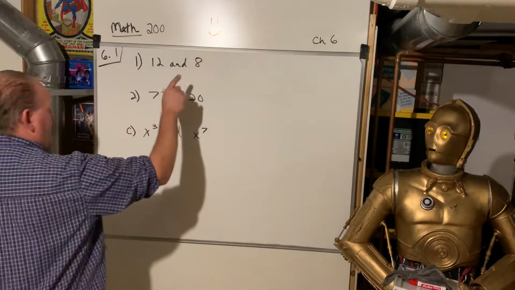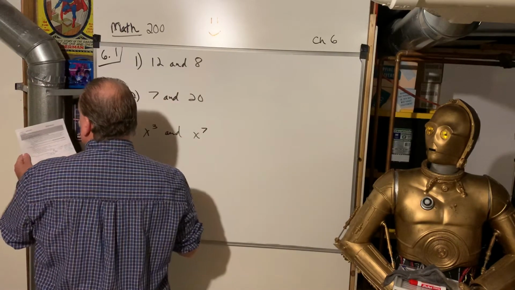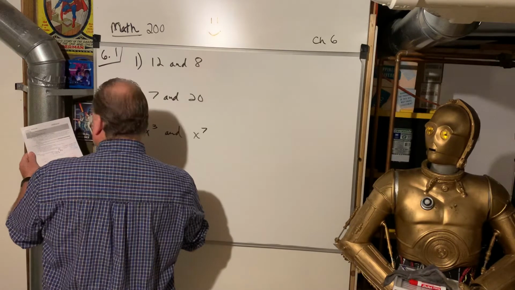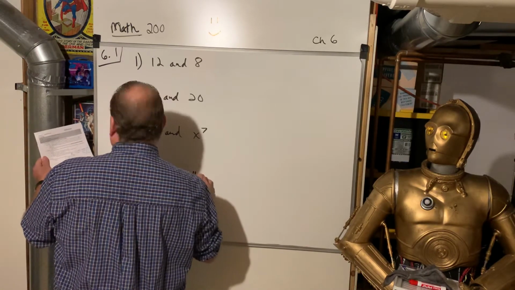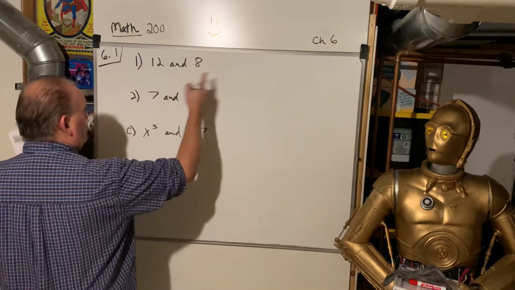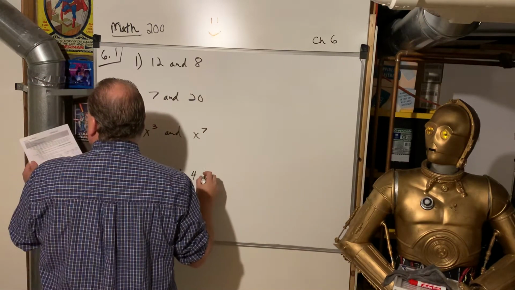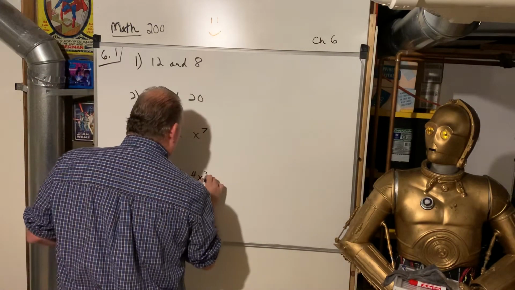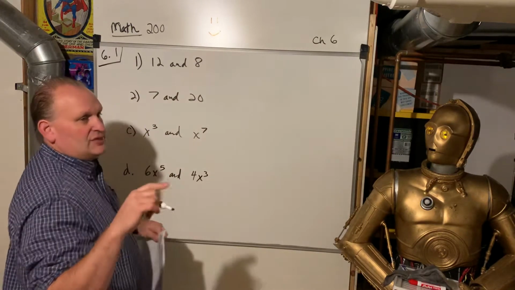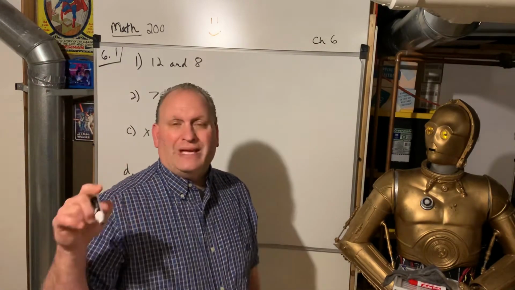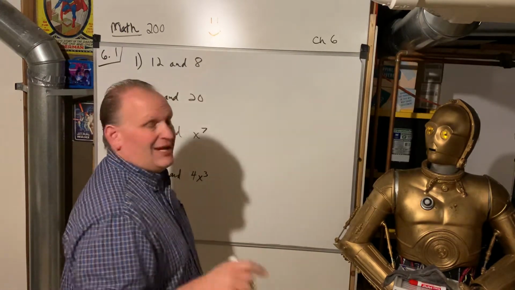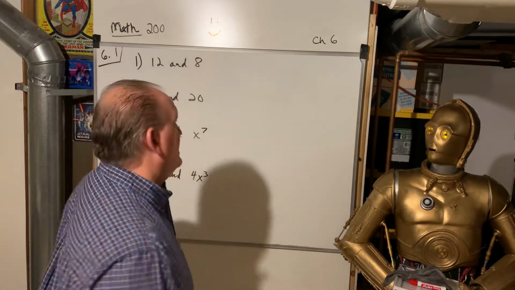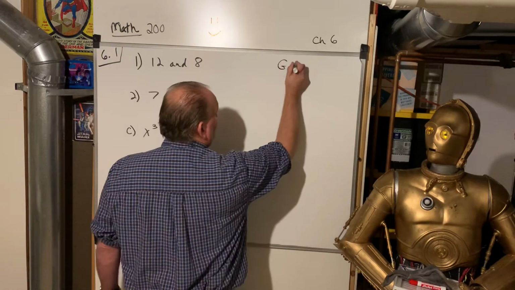Like between 12 and 8, somebody last semester said 24, and it's not going to be 24. Now you're thinking of numbers they go into. We want numbers that go into them. The biggest number that goes into 12 that also goes into 8. That is the greatest common factor.